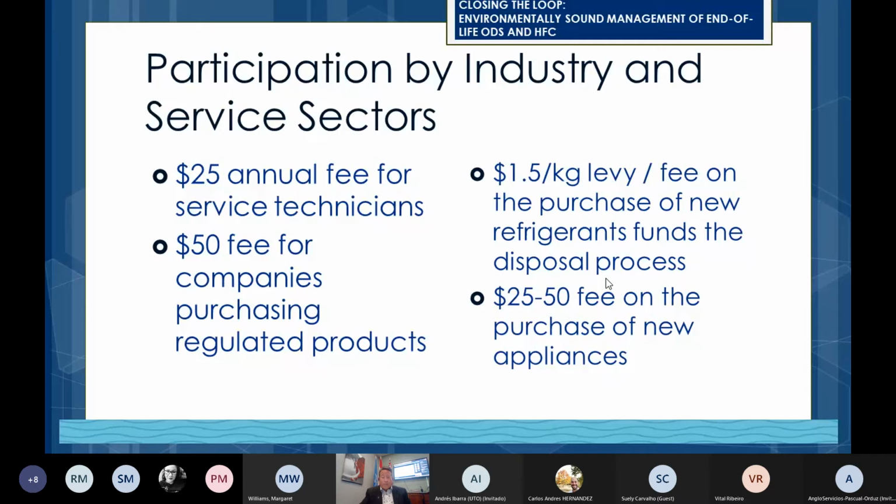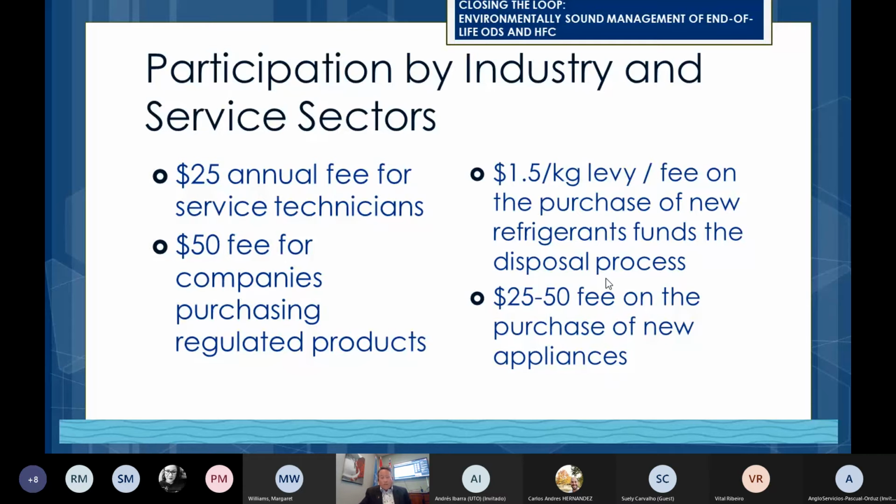This is Canadian, so take 20% off US funds to convert it. Beyond that, on the purchase of new refrigerants, there is a levy or a tax, if you wish to call it, of $1.50 per kilogram on new refrigerant. So I believe we had talked about that a little bit in terms of the various approaches.